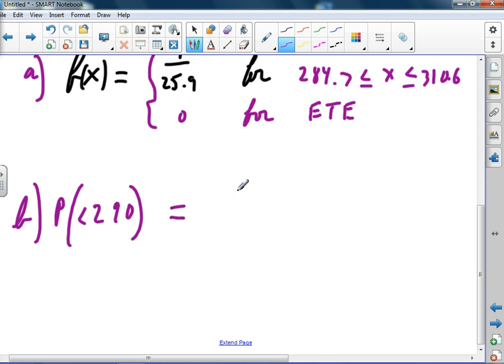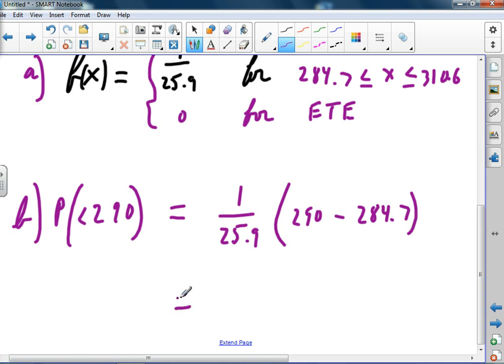That's going to be 1 over 25.9 times the range, 290 minus 284.7, divided by 25.9.